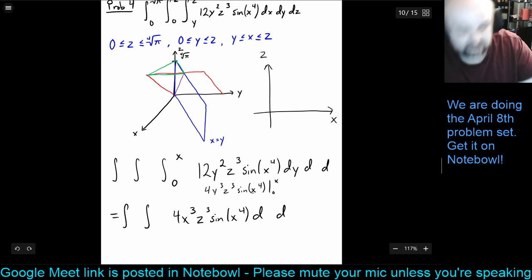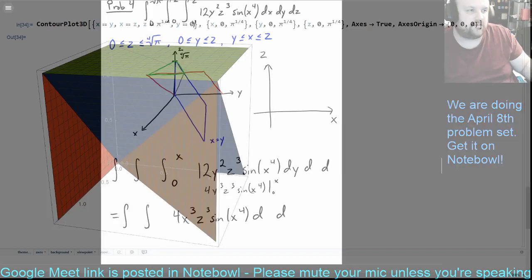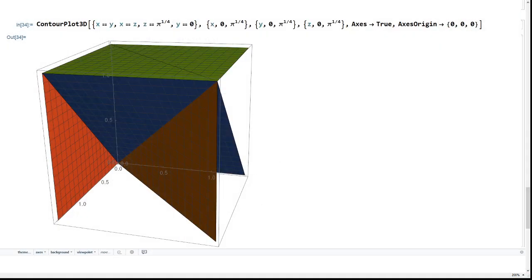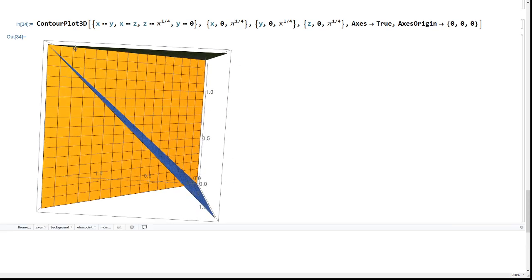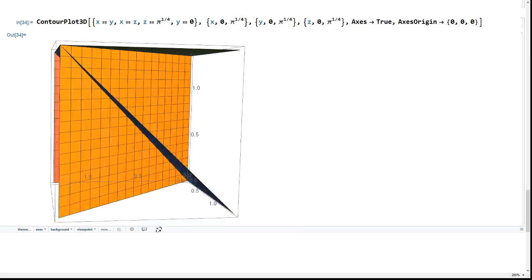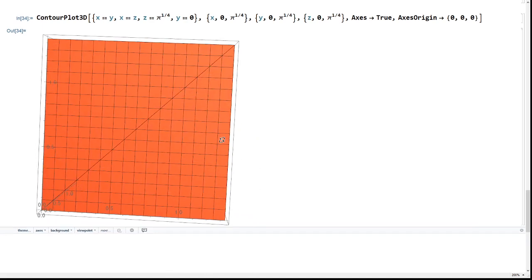Since we integrated y first, if we go back to Mathematica for a second, we're trying to look at, well, what's this shadow here? And the shadow's cut off by the green plane up here and this blue plane here. Actually, maybe it's better to see it from this side. So this here is the bottom edge, this diagonal line.